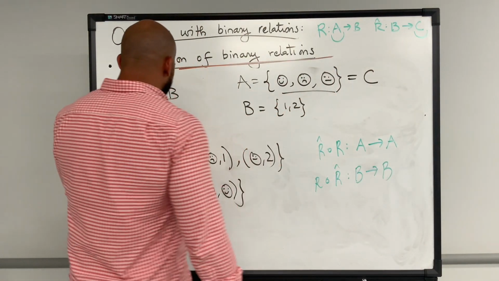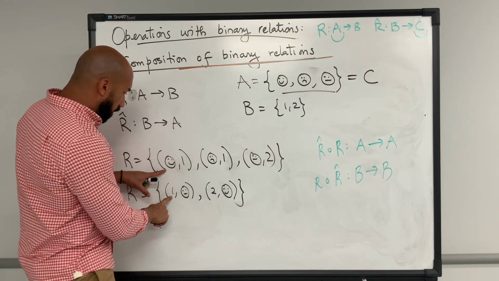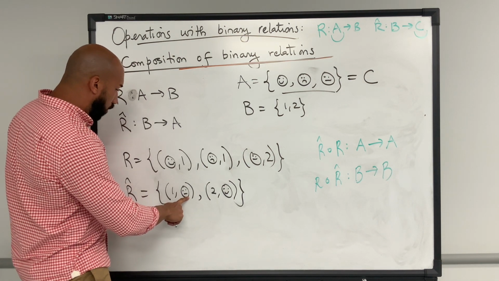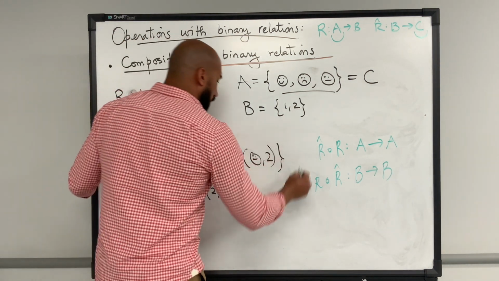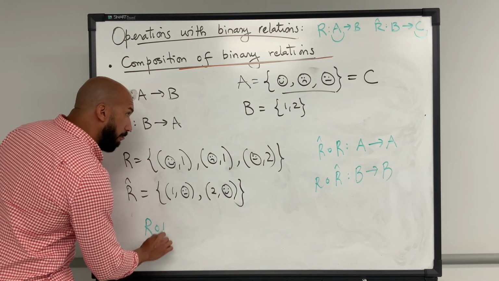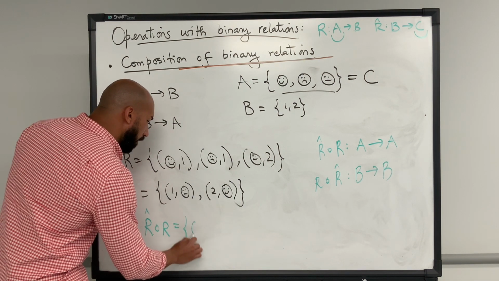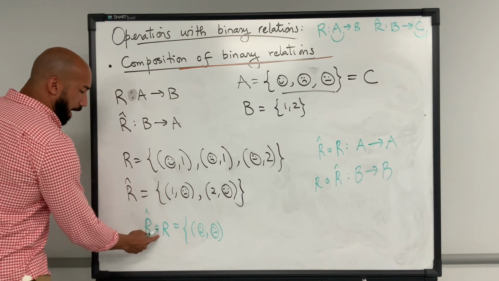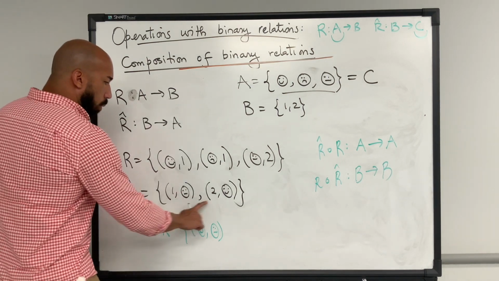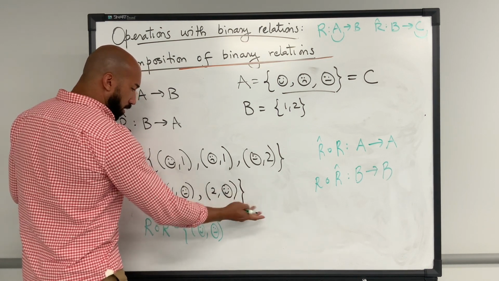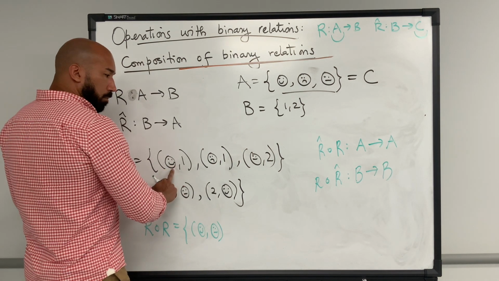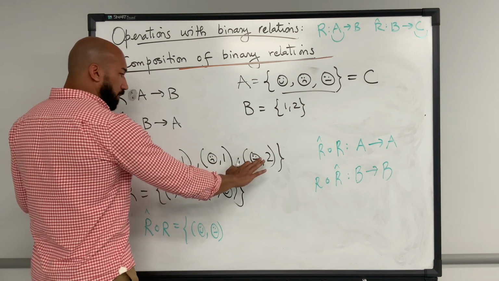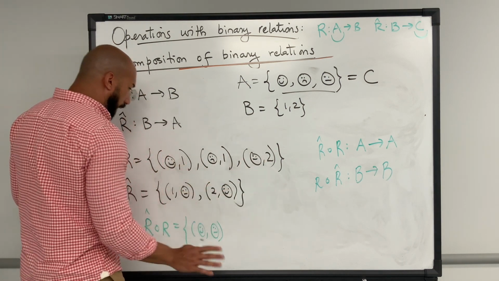Well, happy face is connected to 1 according to R. Now 1 is connected to indifferent face according to R hat, which is telling us that (happy face, indifferent face) is a pair in R composite R hat. 1 is not connected to any other element in A, and happy face is not connected to any other element in B, so that's it with happy face.